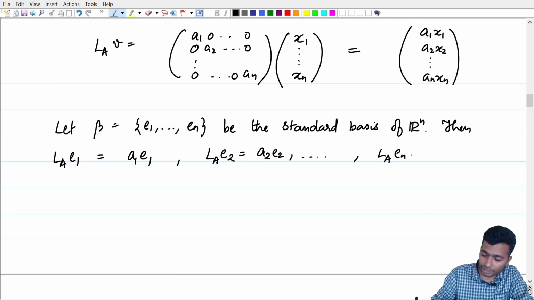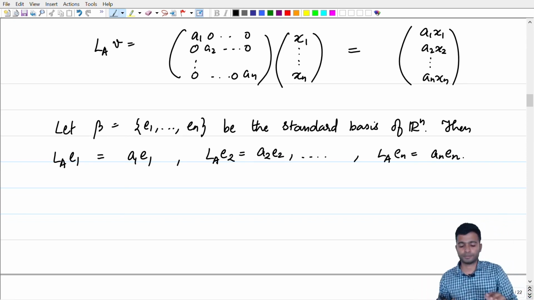LA of en is equal to an times en. So in this setting, the ai's are what are called eigenvalues and the ei's are what are called eigenvectors. So this is one of the first examples of eigenvalues and eigenvectors, which we have not yet defined, which will be the content of your next video.